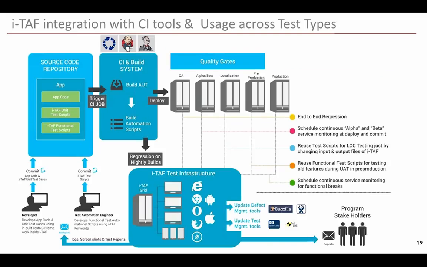Okay, now we have ITAF, but how does it help in the continuous integration process? Once you have your ITAF test framework integrated into the continuous integration mechanism, it can support your testing in multiple quality gates. If you are doing test execution in QA, it can support end-to-end regression testing.